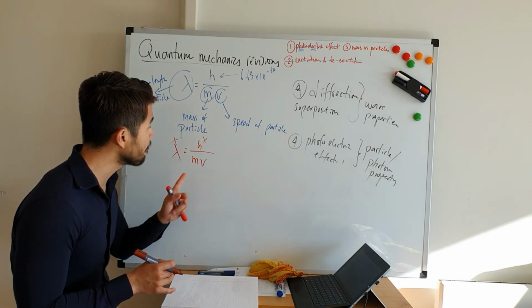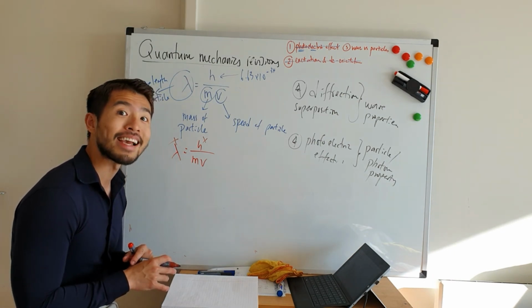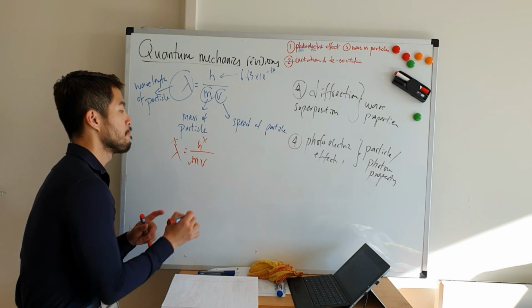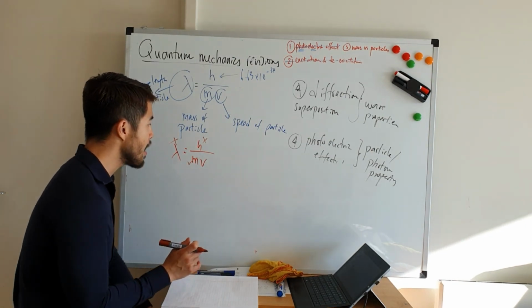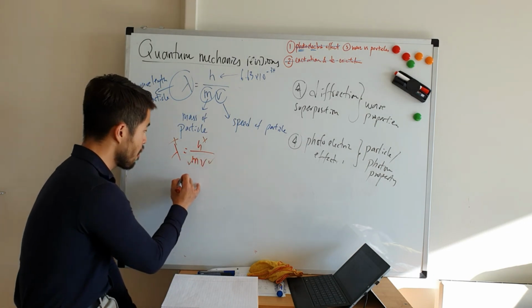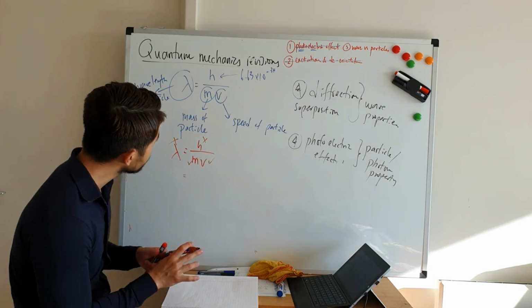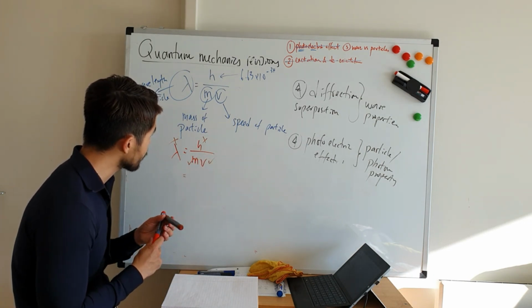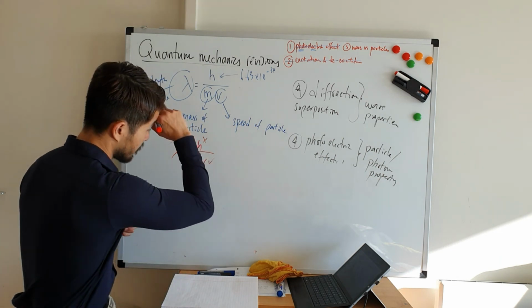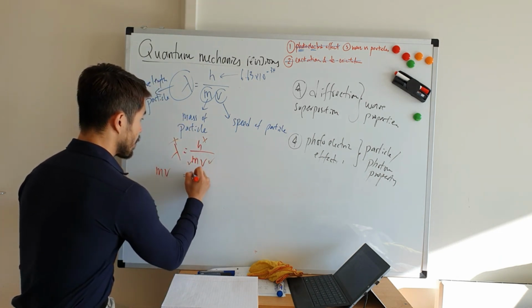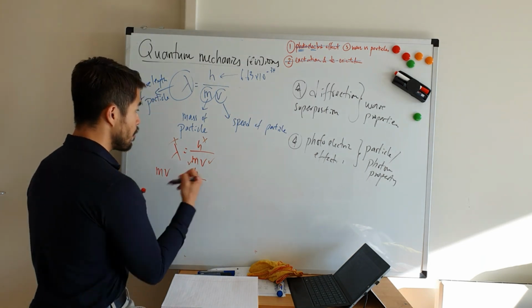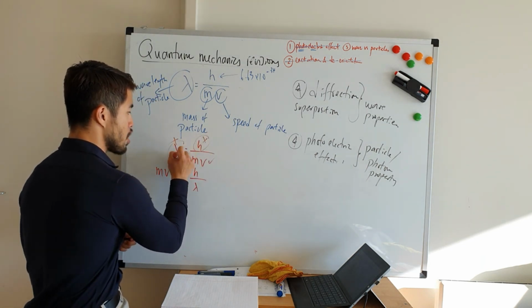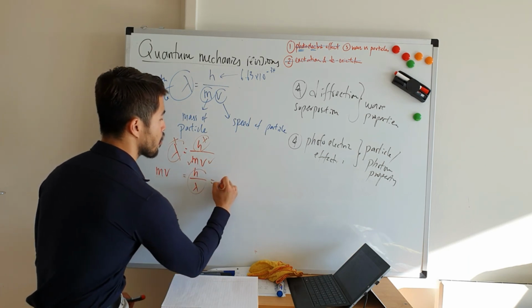Did they change m? Yes, because the mass of the proton and the mass of the electron are different. So if they change m, they change v as well. Rearranging, mv equals h over lambda. These two things are not changed, so this is a constant.